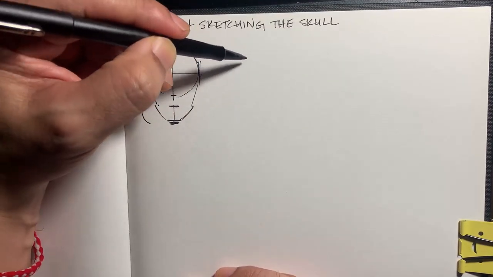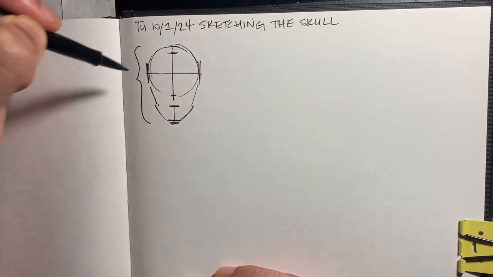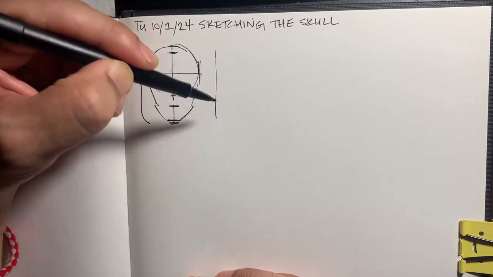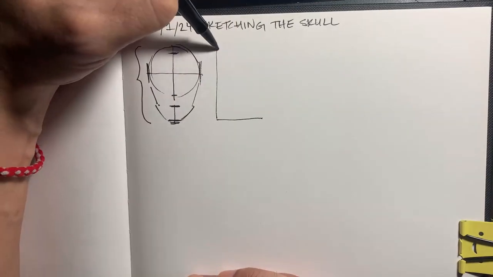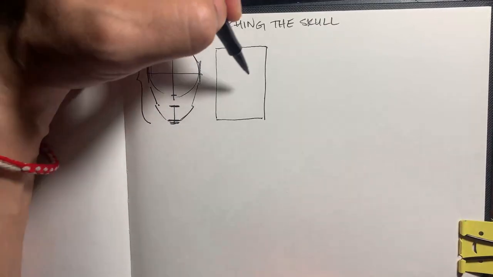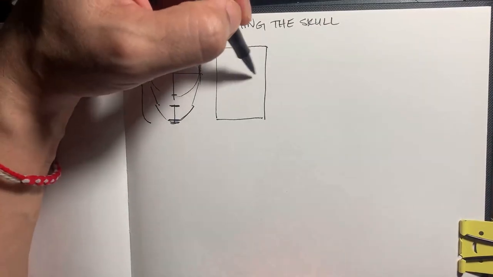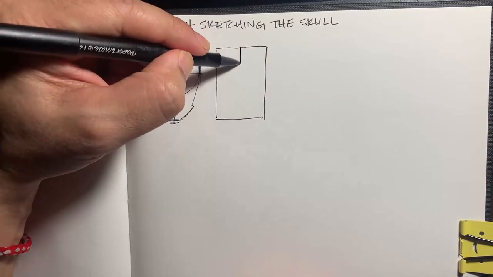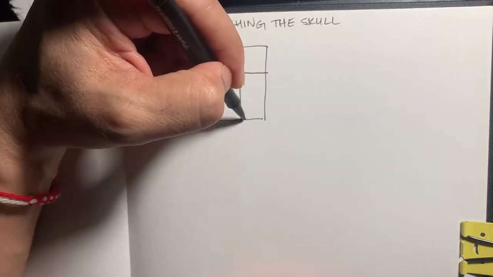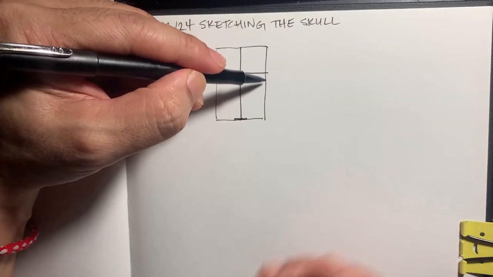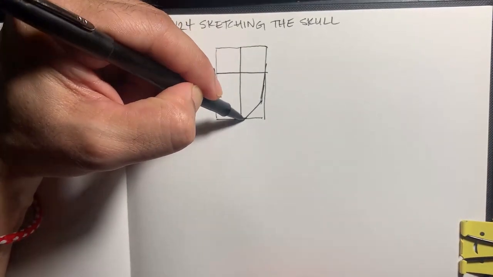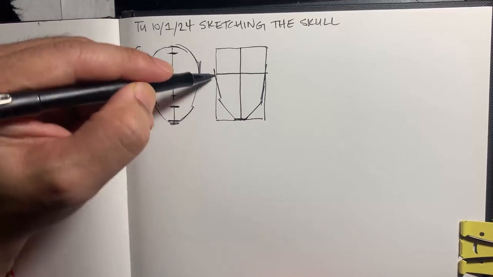So another way, kind of like this, you could call the Bridgman method, where you use a cube, and you could keep the same proportions, and then just chisel away at it, which can be good for certain types of heads depending on what you're wanting to draw.